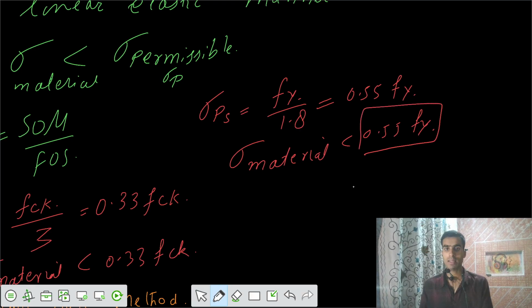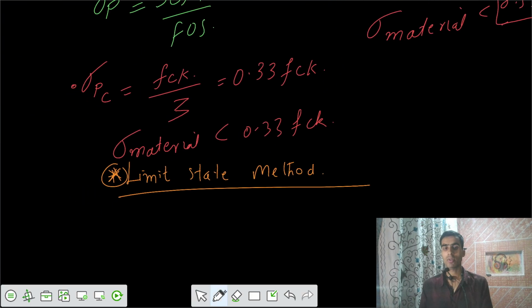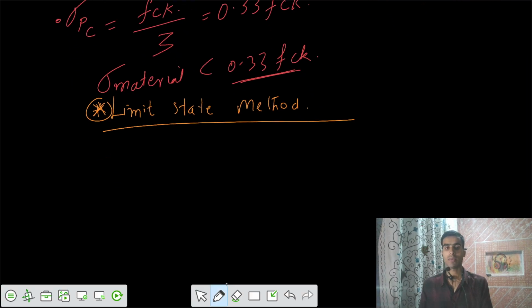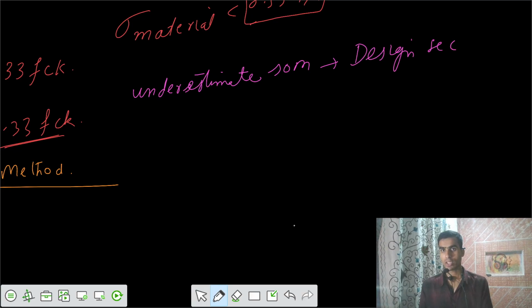Based on this assumption, for steel the stress should be even lesser than almost 0.5 of your yield strength. So we are using the steel lesser, which is under-utilization of material. Similarly for concrete, you are not using its full strength. So we underestimate the strength of materials, and based on this, the design sections become thicker.